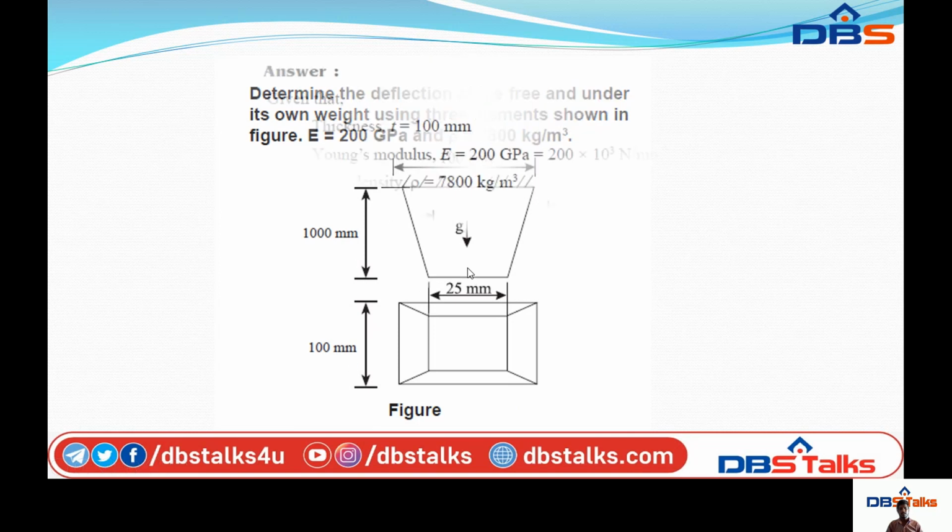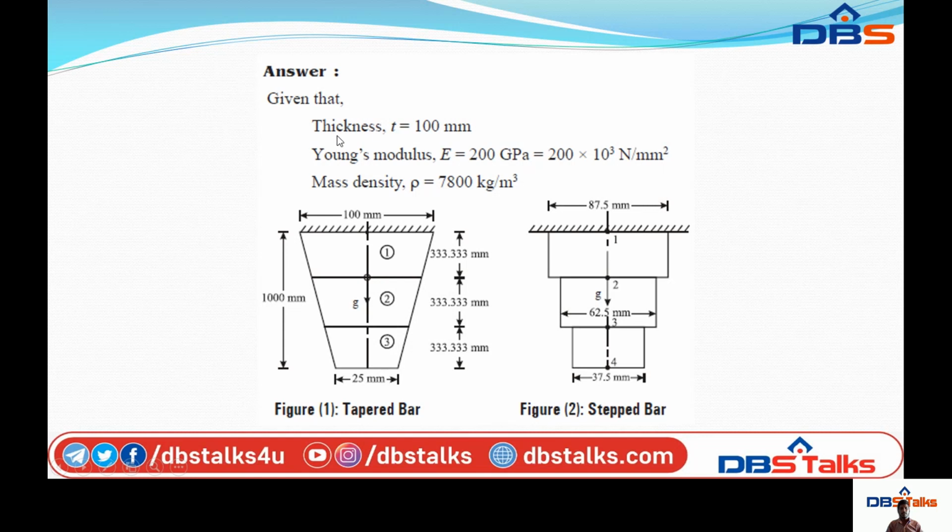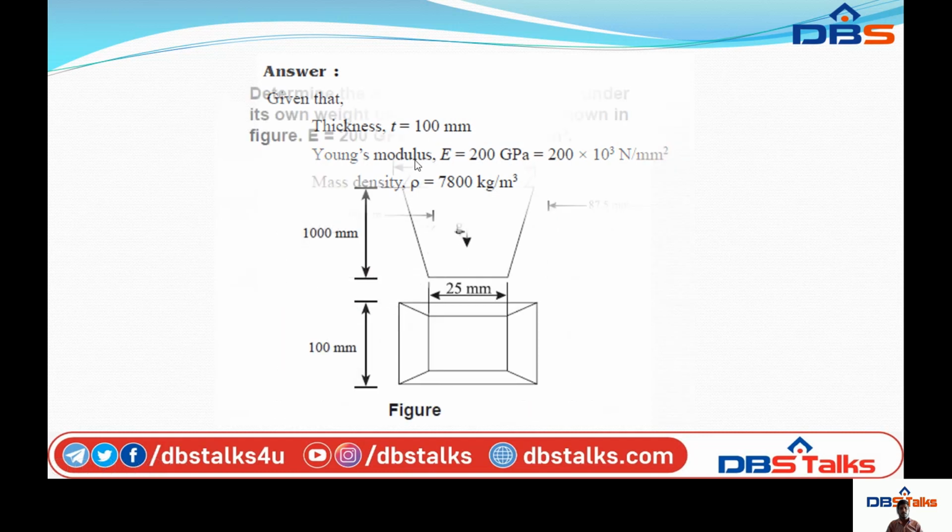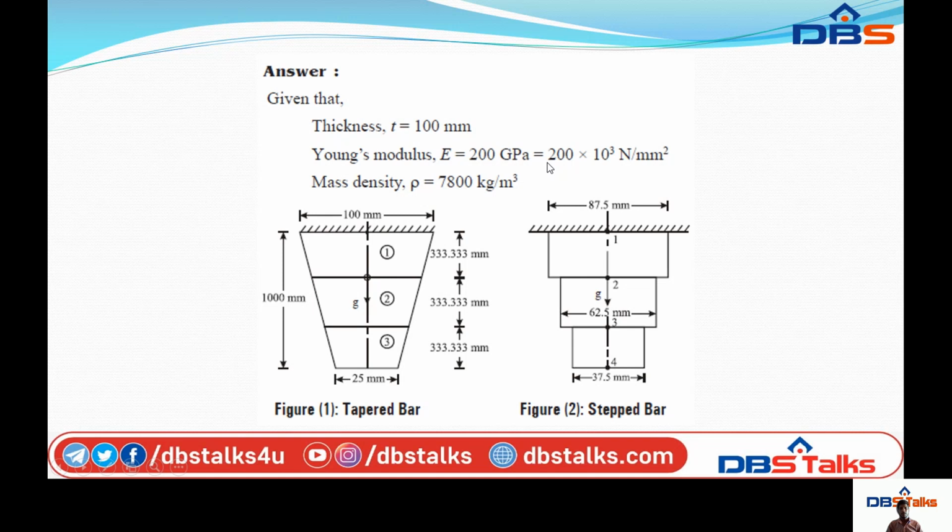This is width. In the given data, thickness, small t, equal to 100 mm. Young's modulus E equal to 200 gigapascal. I am converting into Newton per millimeter square, that equal to 200 into 10 cube Newton per millimeter square. Then mass density rho equal to 7800 kg per meter cube.